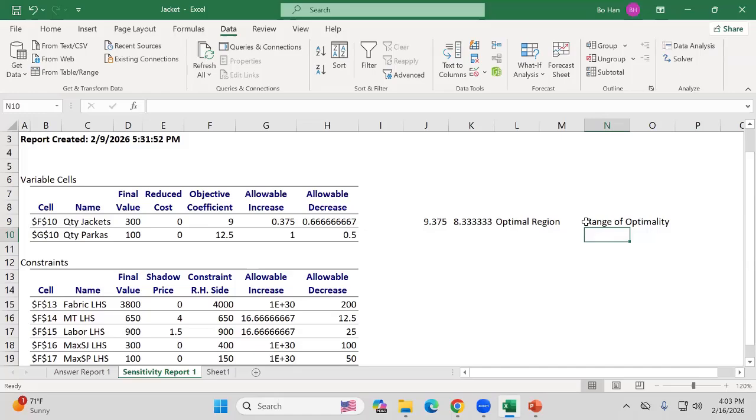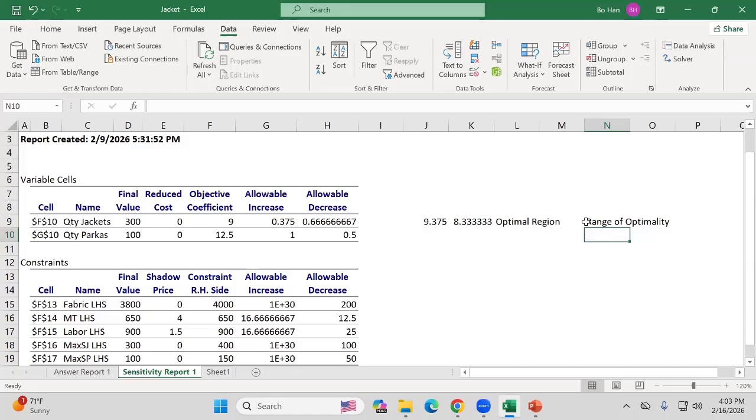This report allows you to increase the profit to 9.375. Yes. How come the profit is 3,950? It will not increase? It will increase. That's a very good question. It will increase. So you will still use 300 to multiply 9.375. Very good point. The profit will change. That means you still manufacture 300 jackets.